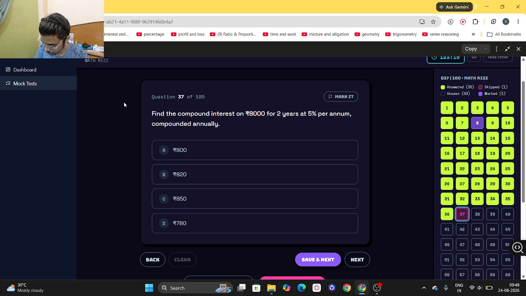CI is equal to P into 1 plus R by 100 to the power n minus 1. 8,000 into 1 plus R, which is 5 by 100, to the power 2 minus 1. 21 upon 20 whole square minus 1 is 41 upon 400. 410 into 820.